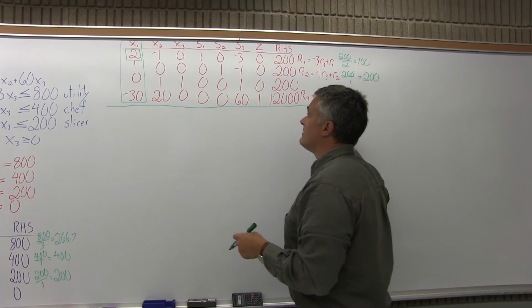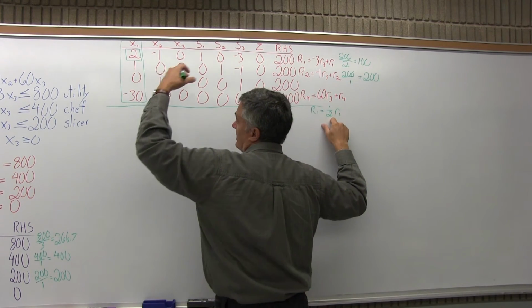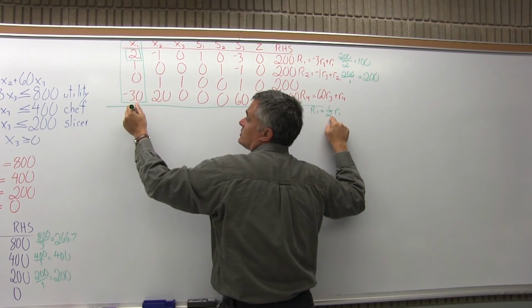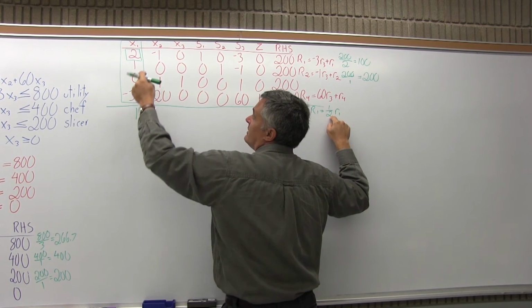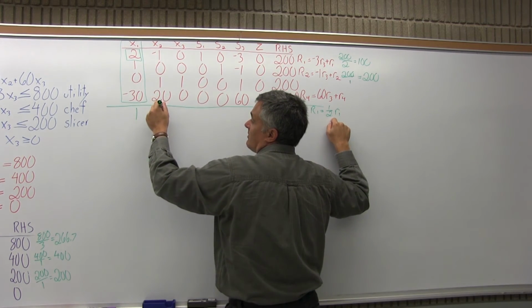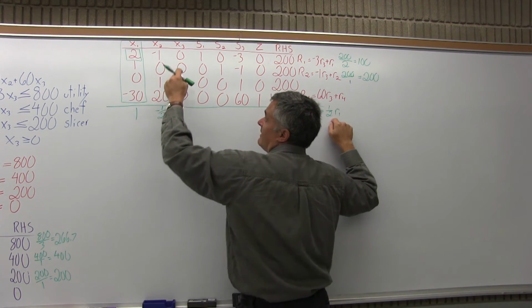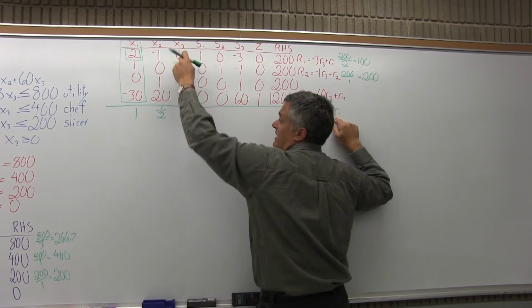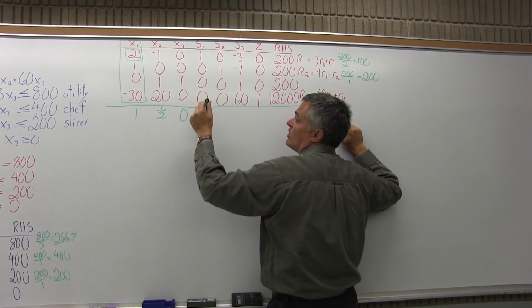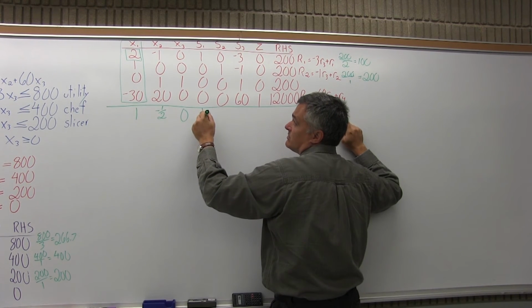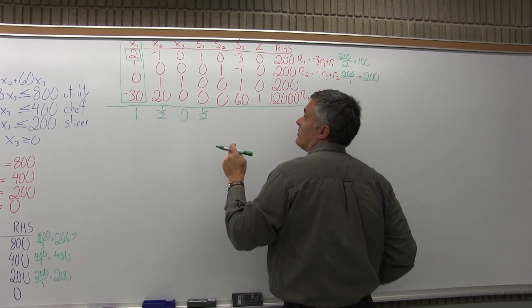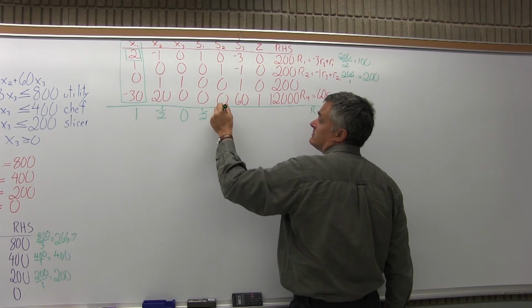So as I go through all of row 1 and multiply times a half: the x1 column, 1 over 2 times 2 is 2 over 2, which is 1. The x2 column, 1 over 2 times negative 1 is negative 1 over 2, or minus a half. In the x3 column, 1 over 2 times 0 is 0. In the s1 column, 1 over 2 times 1 is a half. In the s2 column, 1 over 2 times 0 is 0.